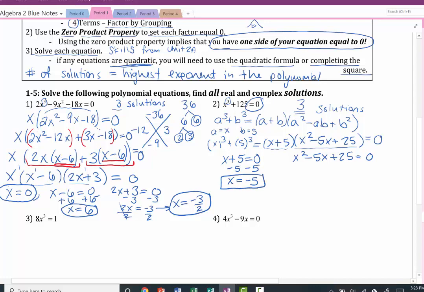Now let's talk about this quadratic factor. I want to point out something here to you. Any equation of this format that is a sum of cubes or a difference of cubes is a cubic function, right? It's x to the third.